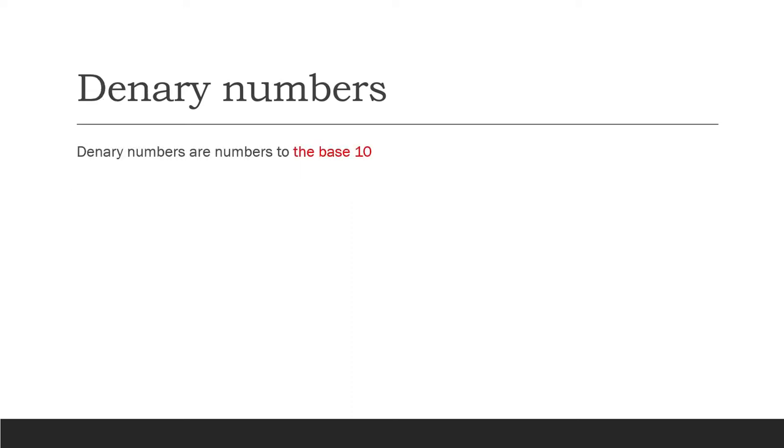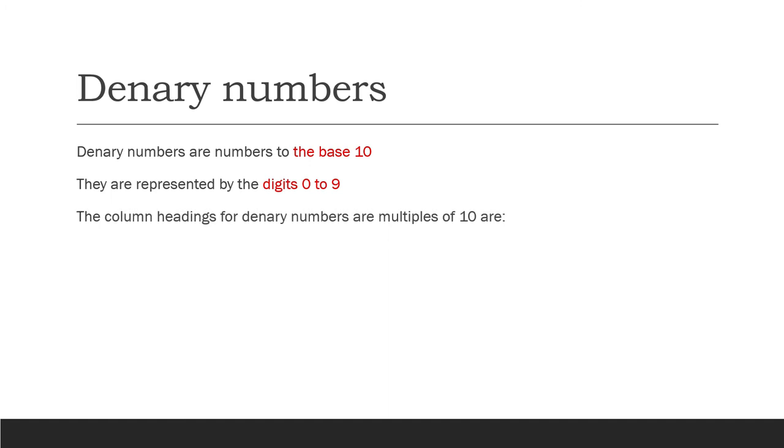So, denary numbers. This is going to get a little bit mathematical, but a denary number is a number to the base of 10. And that means it uses 10 digits, it counts in groups of 10. And the column headings, you know these already. On the right hand side we have units. We then have tens, hundreds and thousands.